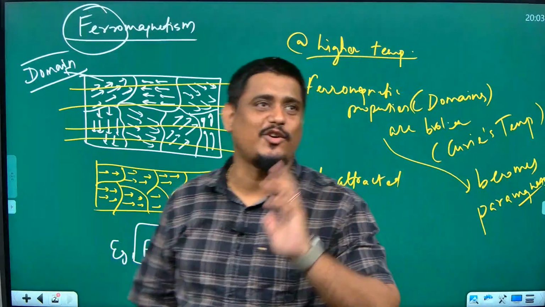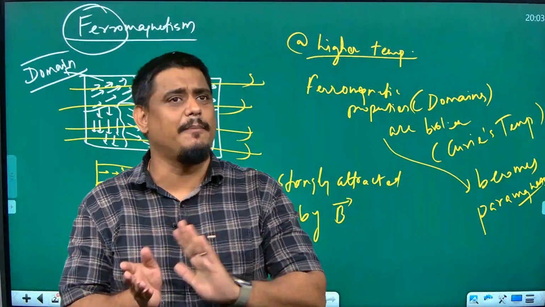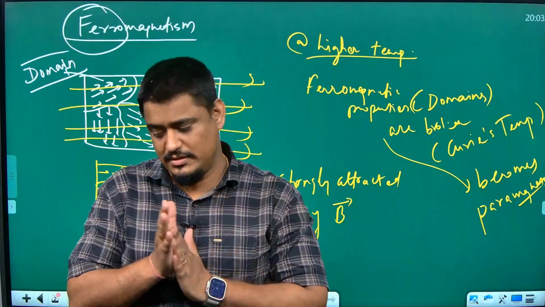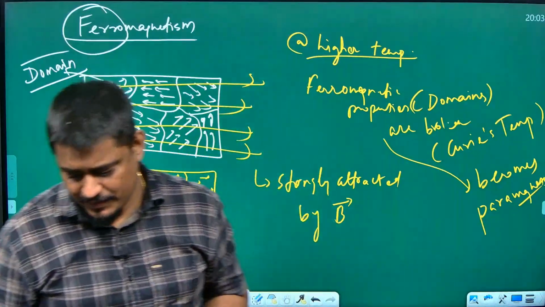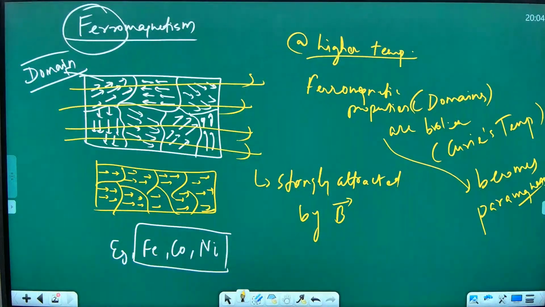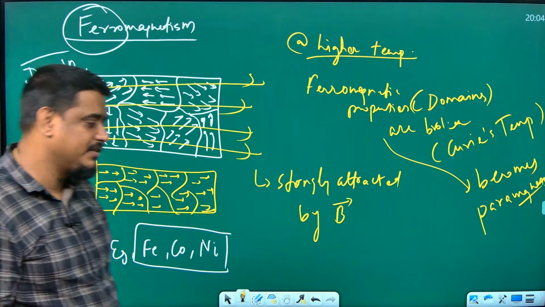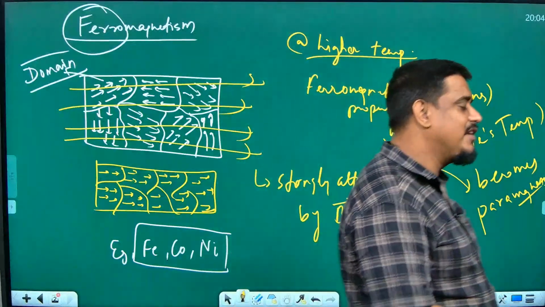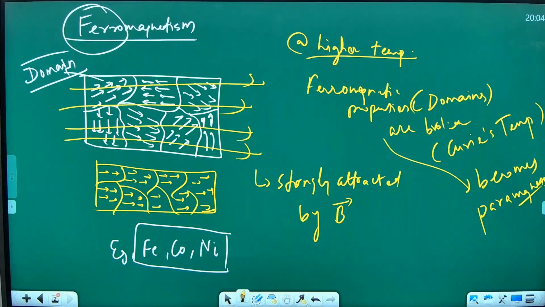Where did I say strongly attracted? Weakly repelled means it is weakly repelling the magnetic field. Are you getting it, Shweta? So it will not be attracted at all. Never. A diamagnetic substance will always only repel the magnetic field. Para will weakly attract, ferro will strongly attract. I hope you got it.